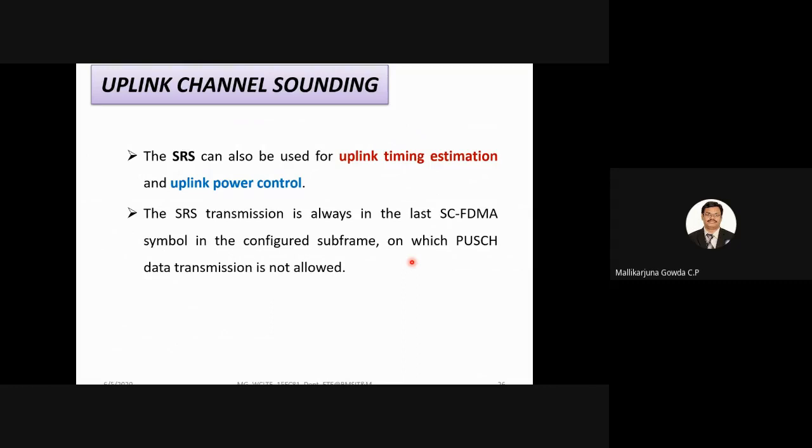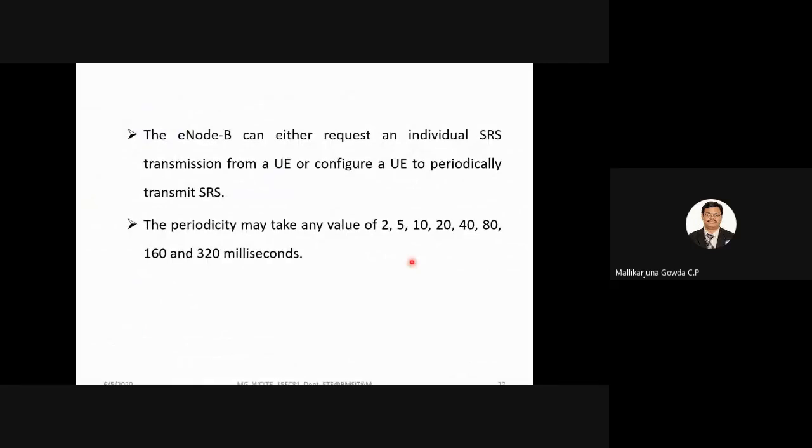SC-FDMA is the multiple access scheme, a modulation scheme used in the uplink from the user equipment to the eNB. The eNB can either request an individual SRS transmission from the user equipment, or it can configure the user equipment to periodically transmit the SRS.